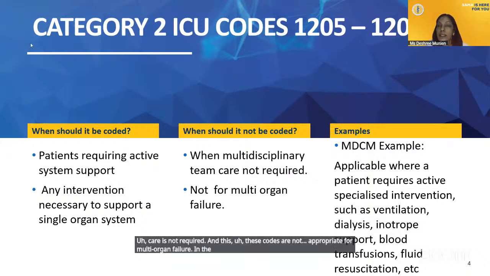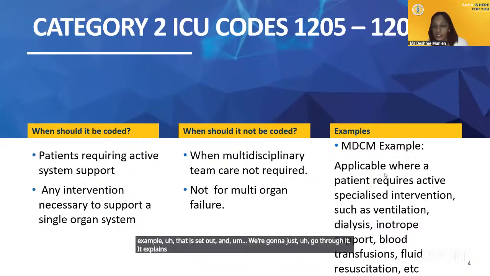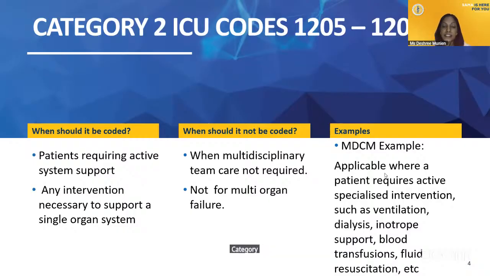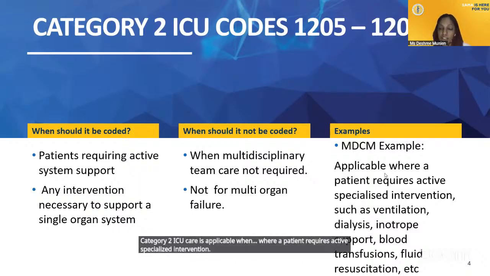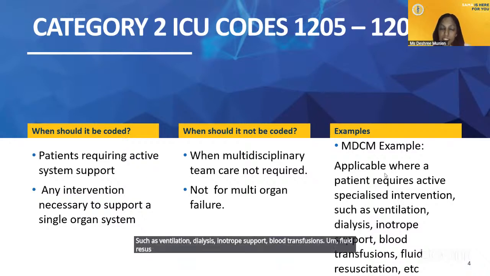In the MDCM example that is set out, and we're going to just go through it, it explains the scenario quite well. Category 2 ICU care is applicable where a patient requires active specialized intervention such as ventilation, dialysis, inotrope support, blood transfusions, fluid resuscitations, and so on.